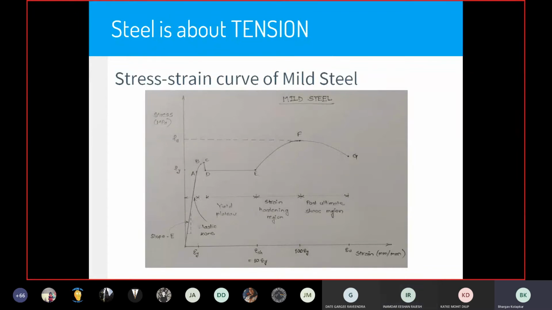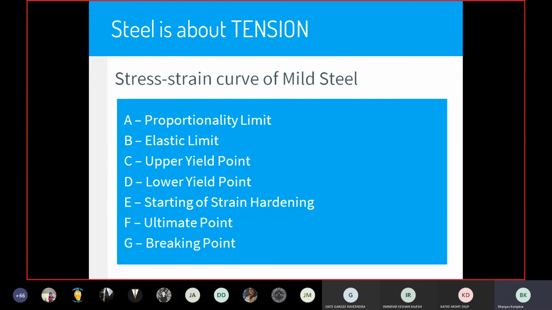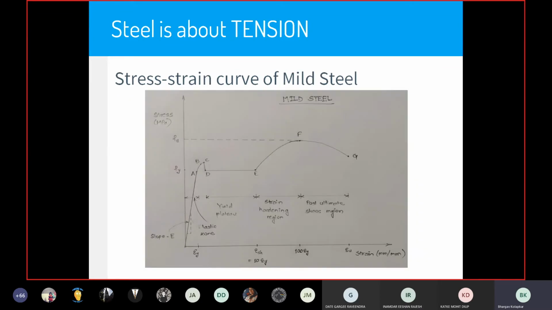So if you load the material until B, it will come back to its original state. That property is called elastic, and therefore until point B, it is called the elastic region. But theoretically, stress is directly proportional to strain only until point A. So Hooke's law is valid only until point A. Okay, so that is a minor technical difference between points A and B.